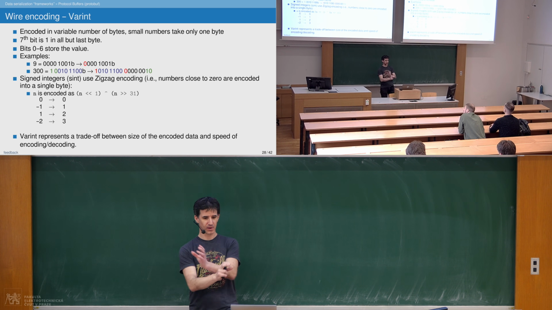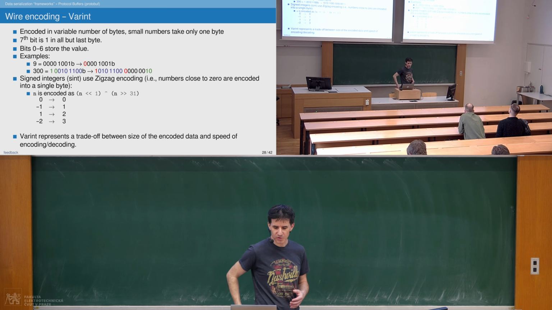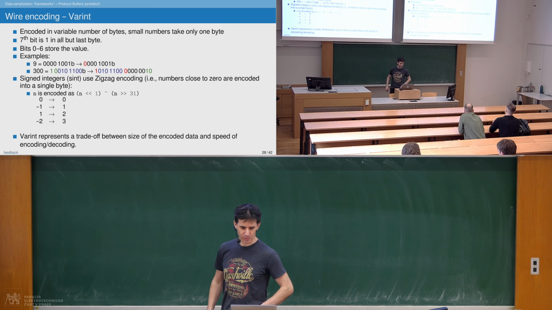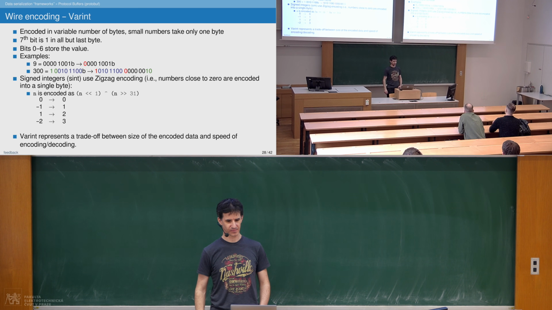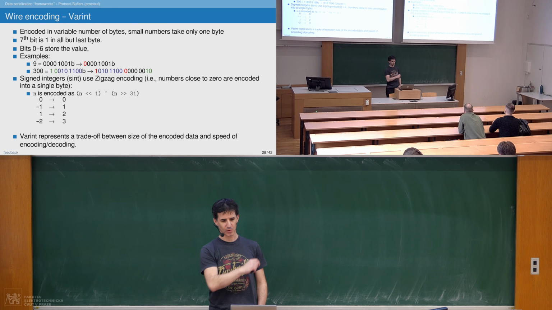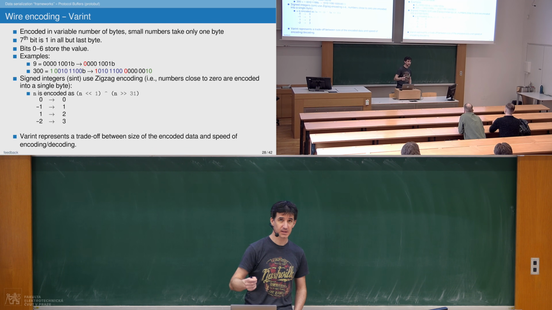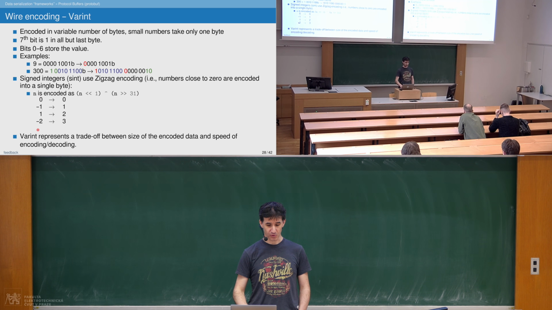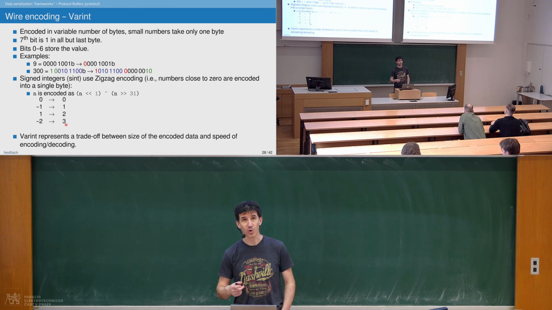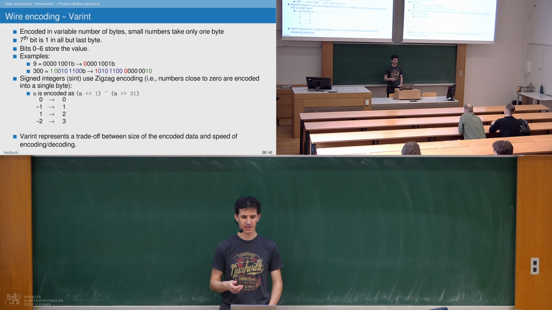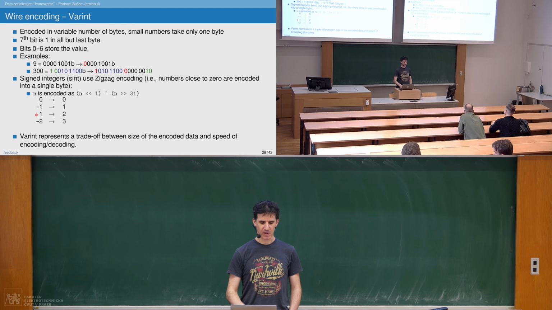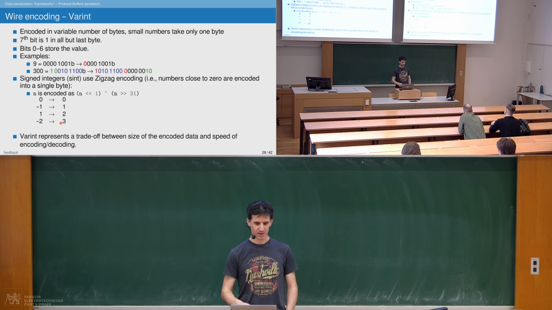This is how you move the sign bit from the most significant bit to the least significant bit. And the result is that if you have small positive or negative numbers, they both result in small positive numbers after this encoding. So -1 is encoded as 1, +1 is encoded as 2, and so on.